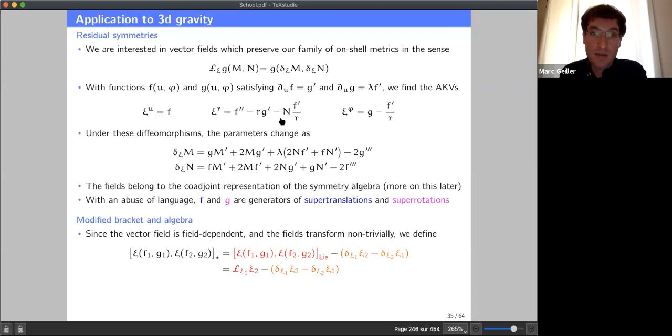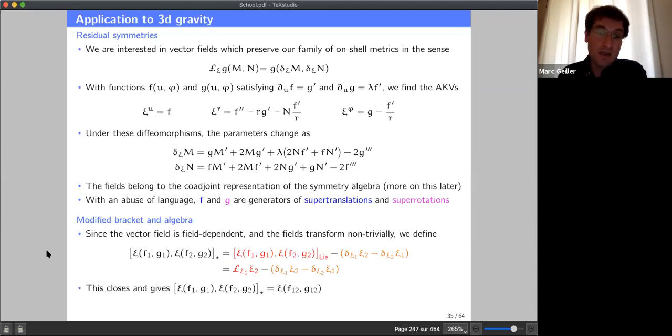See, the radial piece has a field n inside, and when I act with another diffeomorphism, the diffeomorphism will hit the field n. So if you compute this modified bracket, which we sometimes denote by a star, you can find that this modified bracket closes. So two such asymptotic Killing vector fields, their modified bracket gives again an asymptotic Killing vector field.